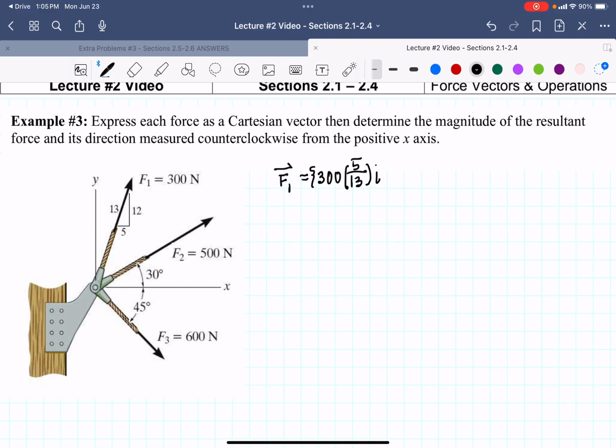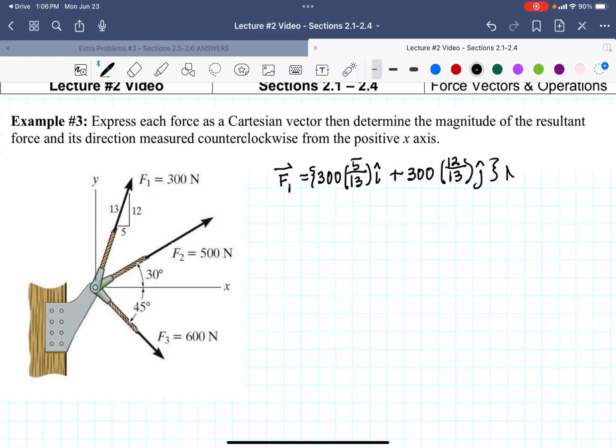That's my I-hat. And then my J-hat is also positive, 300 times 12 is the parallel side to the y component, J-hat.